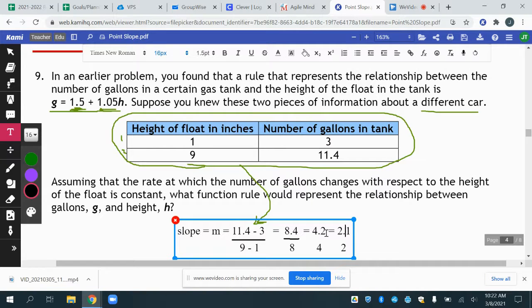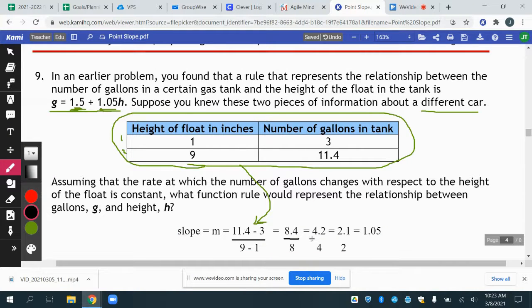And then, if I wanted to, I can divide that. This is how we do math without a calculator, my friends. Half of 21 is 10.5, right? So it'd be 1.05. Oh my gosh. That's the same slope as the other one. Interesting.